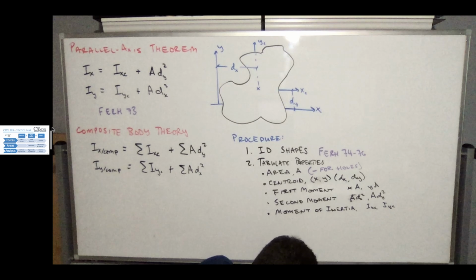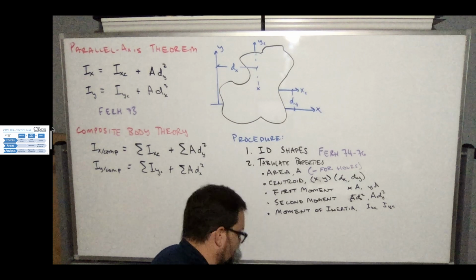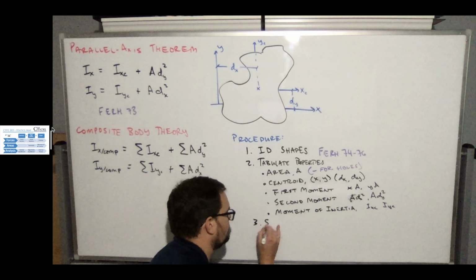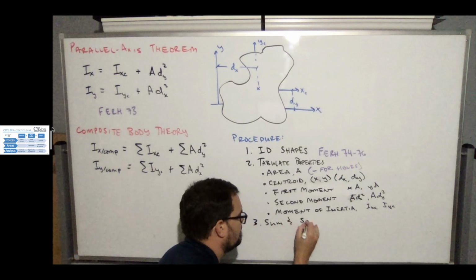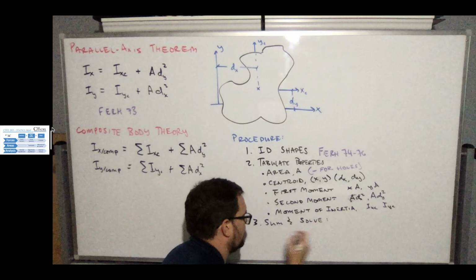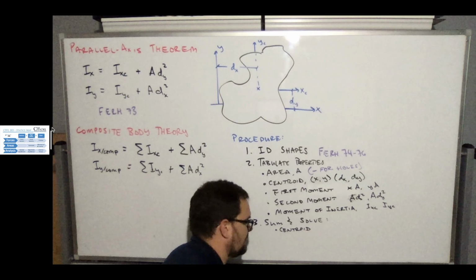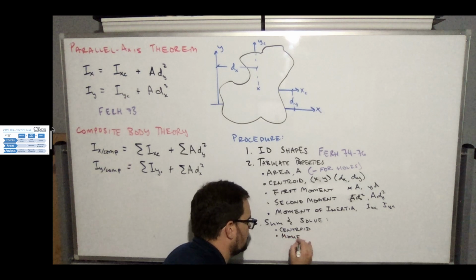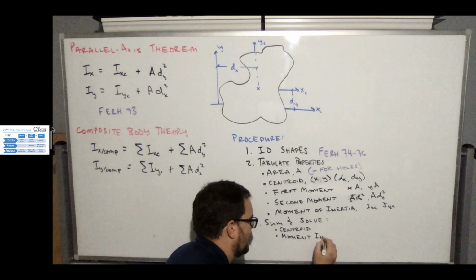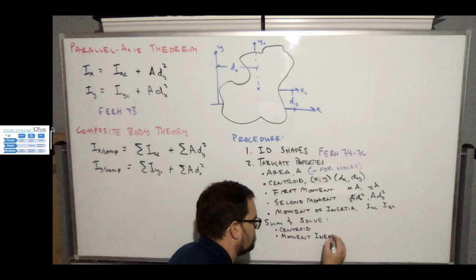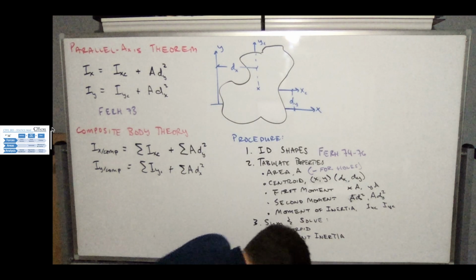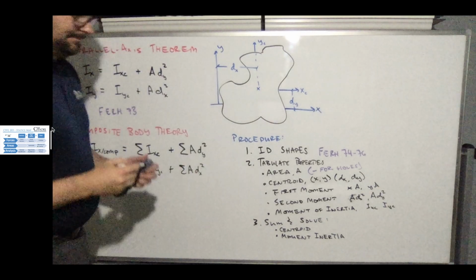Once we have that, we can sum our components and solve for our centroids using our centroid composite body theory equations from earlier in the semester, and we can solve for the moment of inertia for the composite body around x and y.